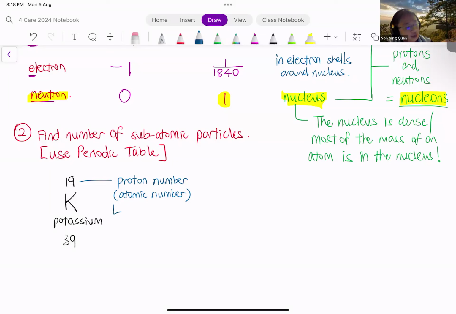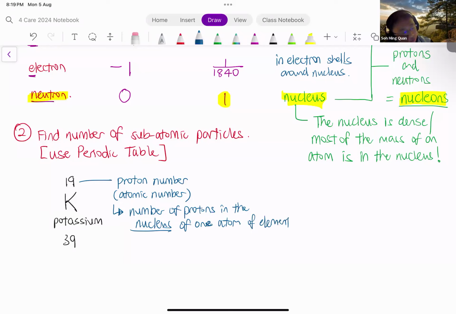So what is this actually defined as? 19 is the number of protons in the nucleus of one atom of the element.